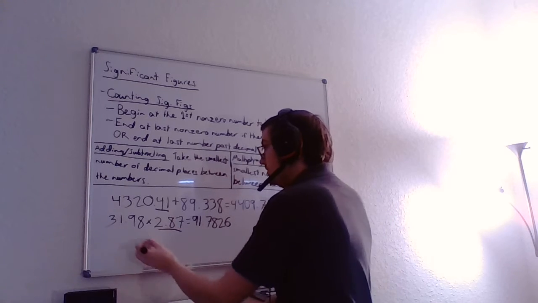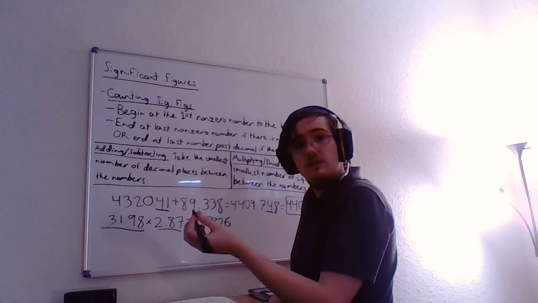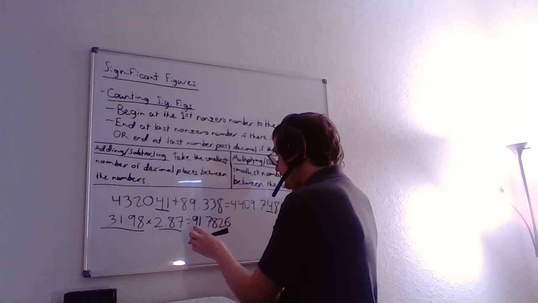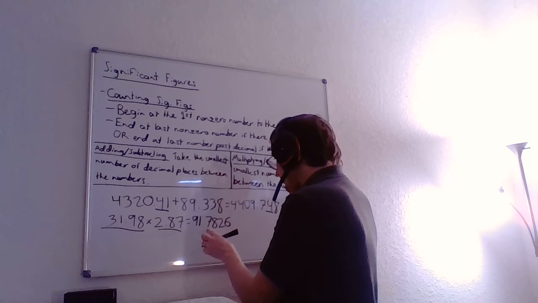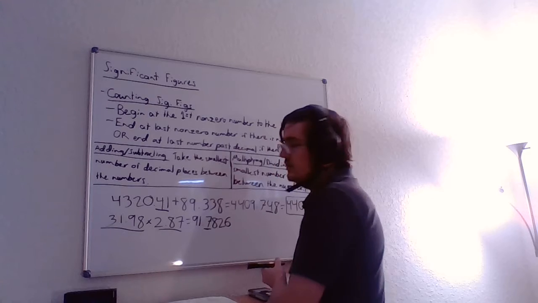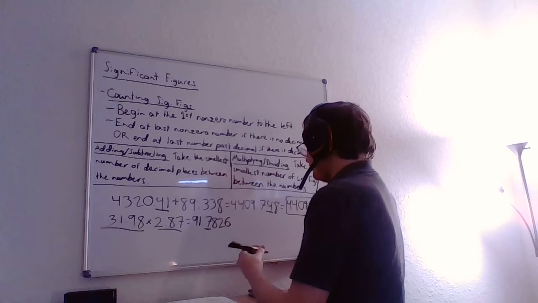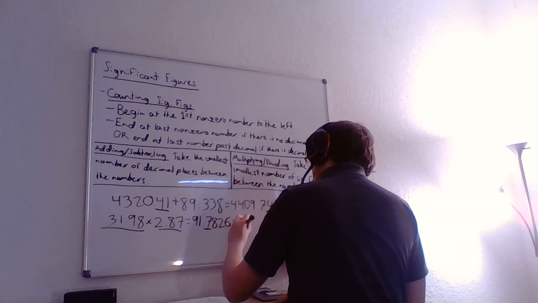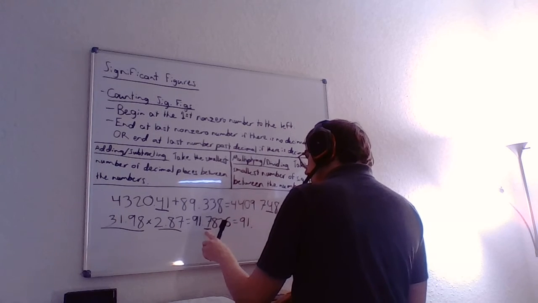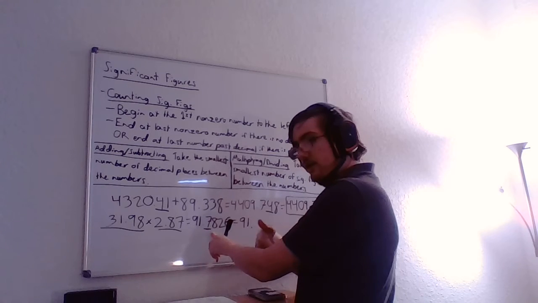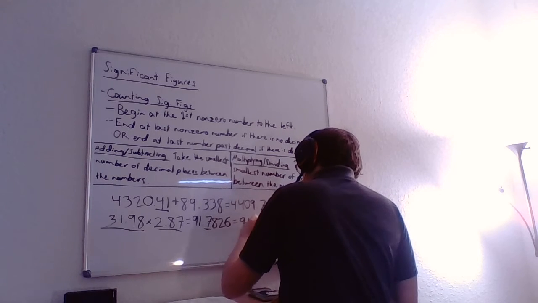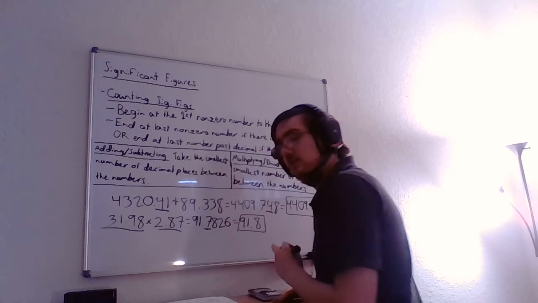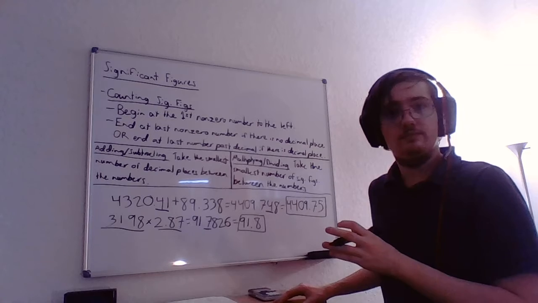This has 4 sig figs. This has 3 sig figs. Smallest there is 3, so I'm just going to count up 3 sig figs here. Starting at the 9, going back to that 7 is our last significant figure. So, 91 point, right after the 7 is an 8, so we're going to round that 7 up. 91.8. And that there is the correct number of significant figures.